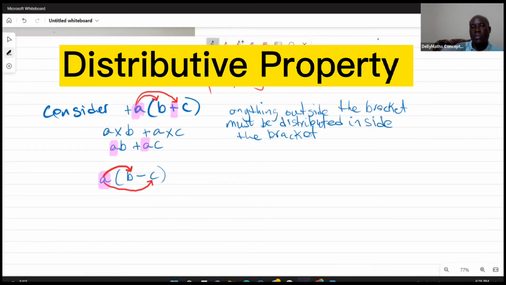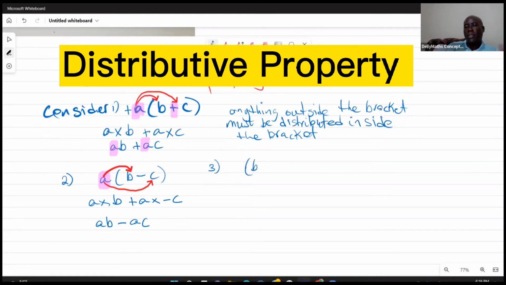So now you're seeing that A will now multiply to B. It's a positive A. It will be multiplied to the negative C. Now let's finalize. When A multiplied by B, you get AB. And when A multiplied by a negative C, you'll get negative AC.